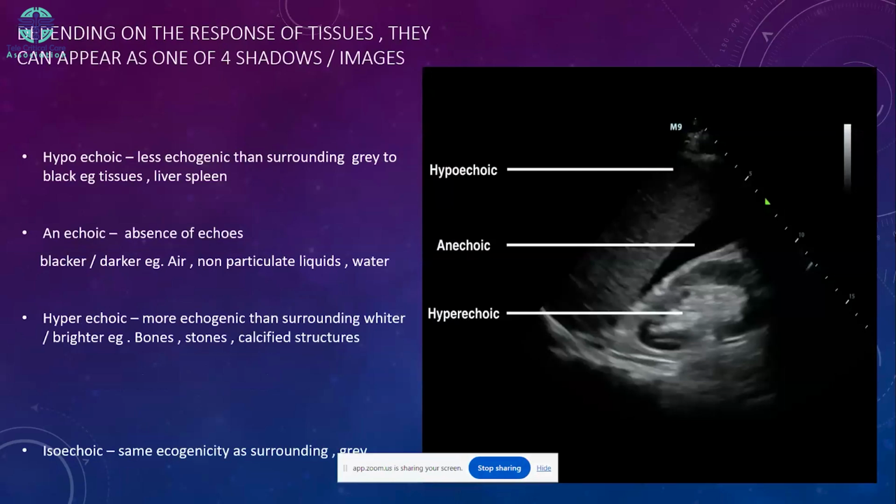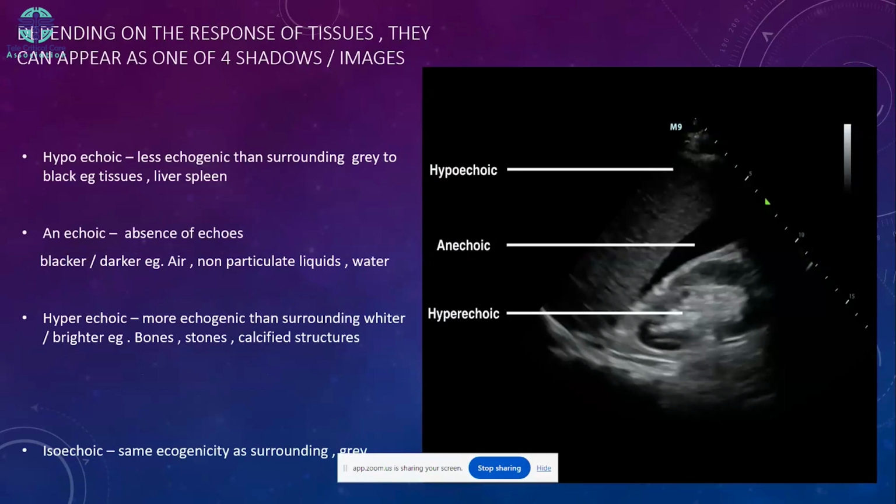Now, depending upon the response of the tissues, they may appear as one of four shadows. An isoechoic shadow is the same echogenicity as the surrounding, which usually appears as gray. A hypoechoic region is a region which has less echogenicity than the surrounding areas, so it is gray to black, grayer than the isoechoic shadows.